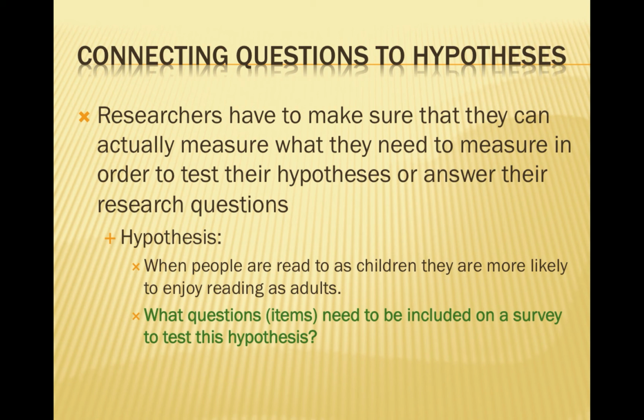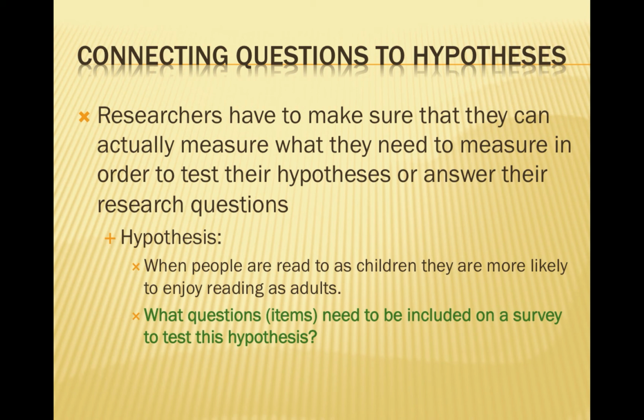So when we're in a face-to-face class, I might say, when people are read to as children, they're more likely to enjoy reading as adults. Well, what kind of questions do you have to ask to test that? Clearly, you have to ask if they were read to as children. And you might ask what kinds of different situations they were read to.